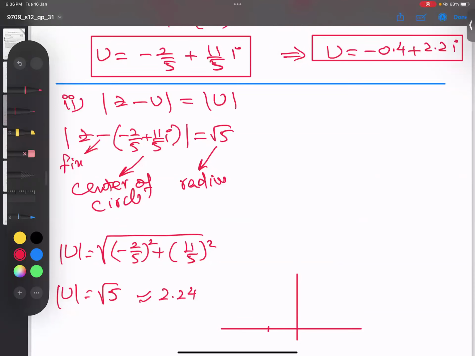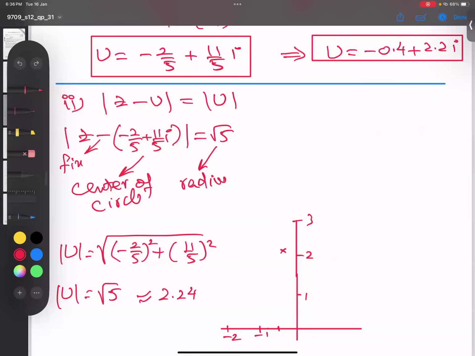I make negative 1, negative 2, and then here 1, here 2, and here 3. So where does this point locate? 0.4 is somewhere here, and where this point 2.2 is, slightly above here. So this is a rough idea.